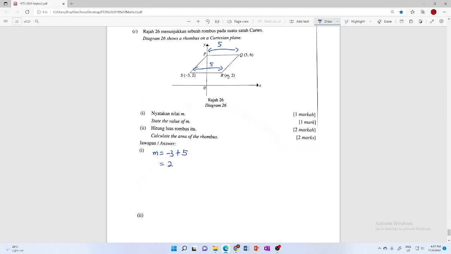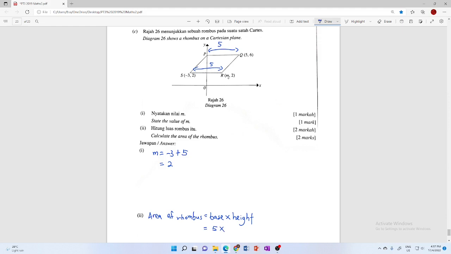Then we need to calculate the area of the rhombus. So area of a rhombus is base times height. So the base is 5.